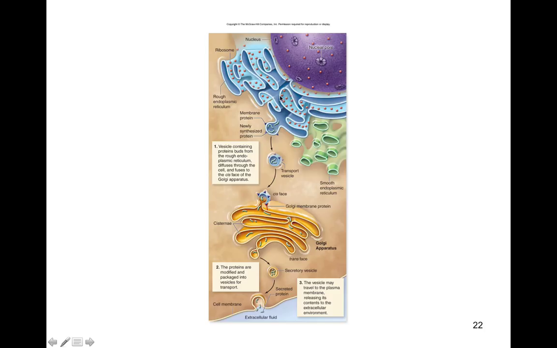Those ribosomes use that information to make a protein. That protein is then sent off from the rough ER to the Golgi. The Golgi will then package it into what's called a vesicle, and that vesicle will then send it out of the cell through the cell membrane. Being able to describe this way that we transport proteins outside the cell is very important. More than likely you will have an essay on this. So please pay attention to this slide.